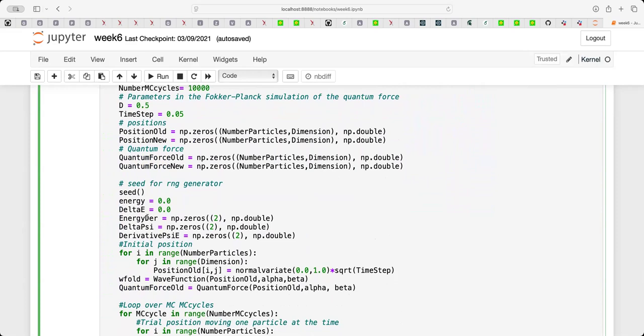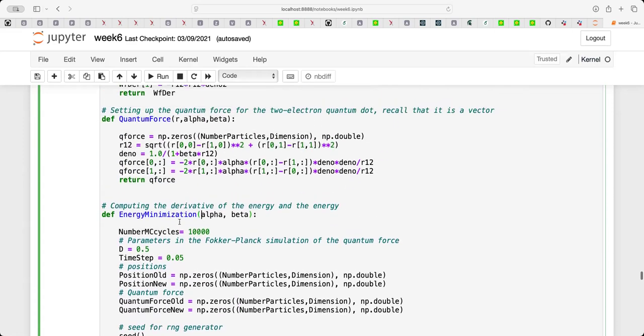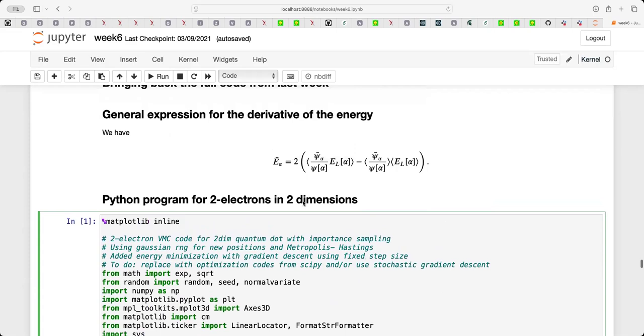One is the energy derivative. So that's the quantity I'm going to return. This is my gradient. Then I need this integral for delta psi. And then I need the derivative of the trial wave function. So this derivative of psi of E is actually the one which is going to contribute to this integral.